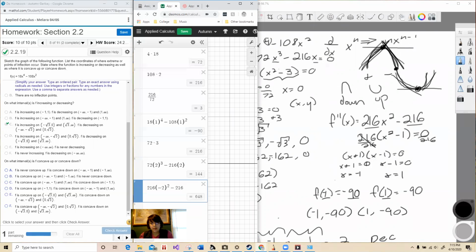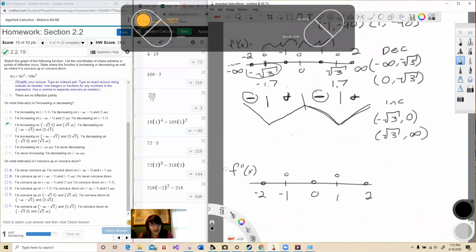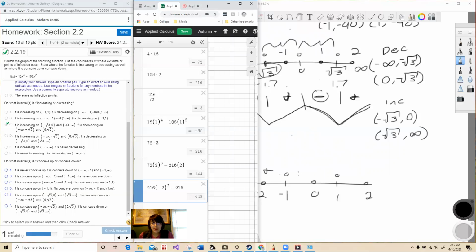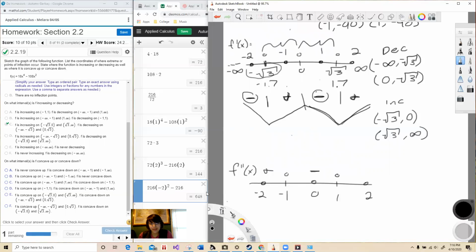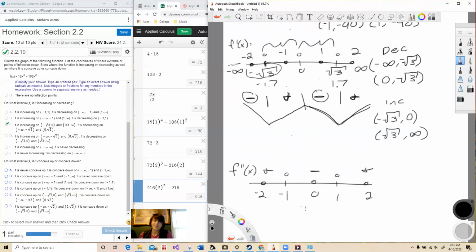All right, and when we plugged in negative 2, we got 648. That's positive. Let's see if we plug in 0. Actually, we can do this by hand. It'll be 0 minus 216, so that'll be negative. Let's do positive 2, and we get positive 648 again.